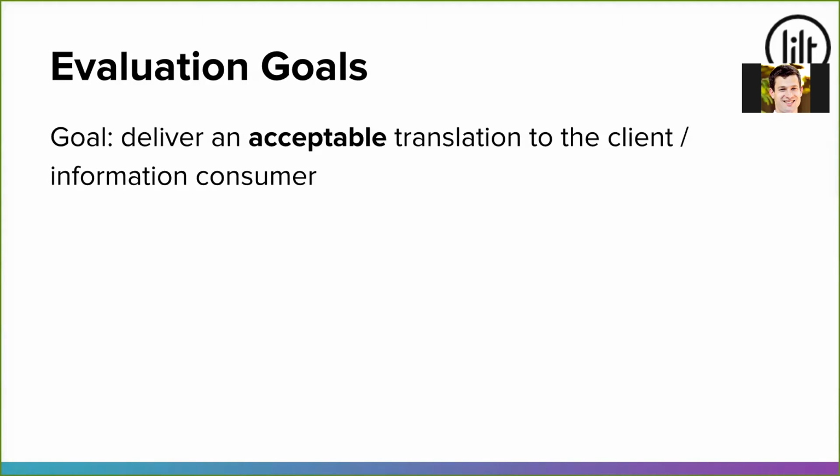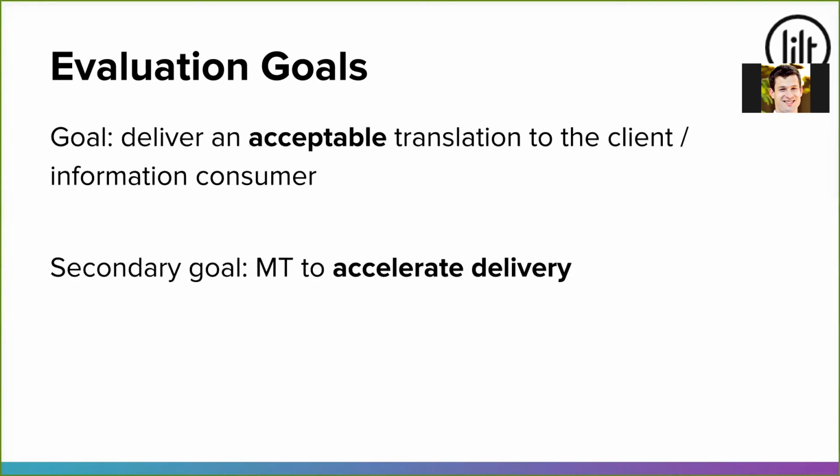If you're reading a manual for how to use some medical device, then maybe there's a much higher level of translation quality that's expected to be able to use that device accurately. So that's indicating that the real assessment of translation quality is whoever's consuming the information, and whatever question they're asking of the information, is that question being answered.